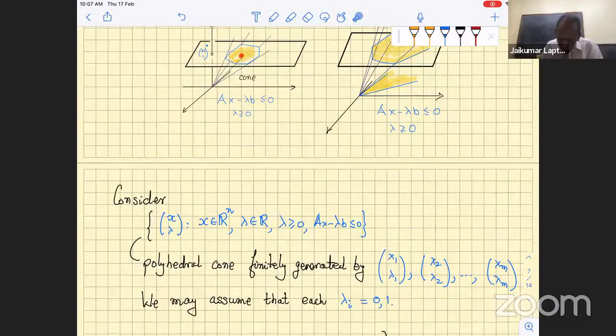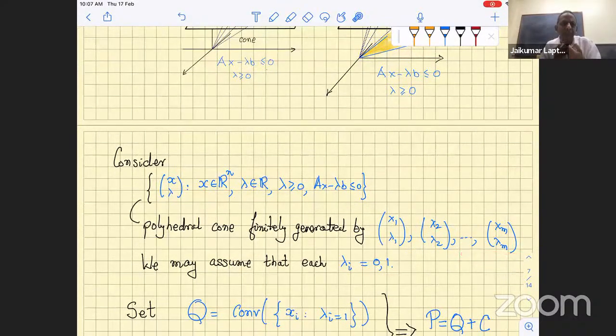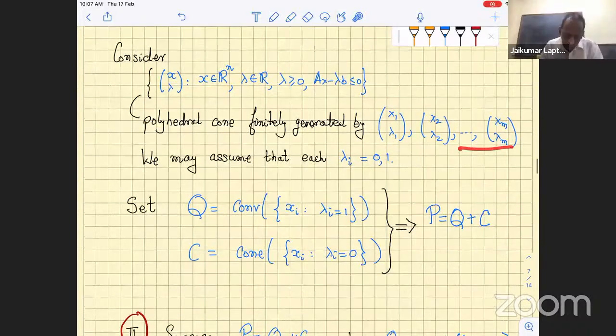So to generate such a point, you must be taking a convex combination of those points which have lambda equals 1 and adding an arbitrary conic combination, a non-negative combination, of the other vectors. That is to say, every point in that polyhedron is obtained by first taking a point in the convex hull and adding to it an arbitrary point in the cone.